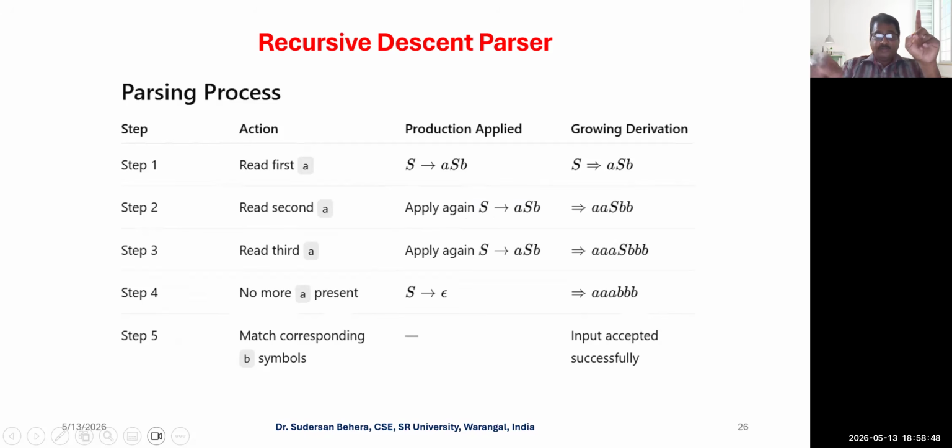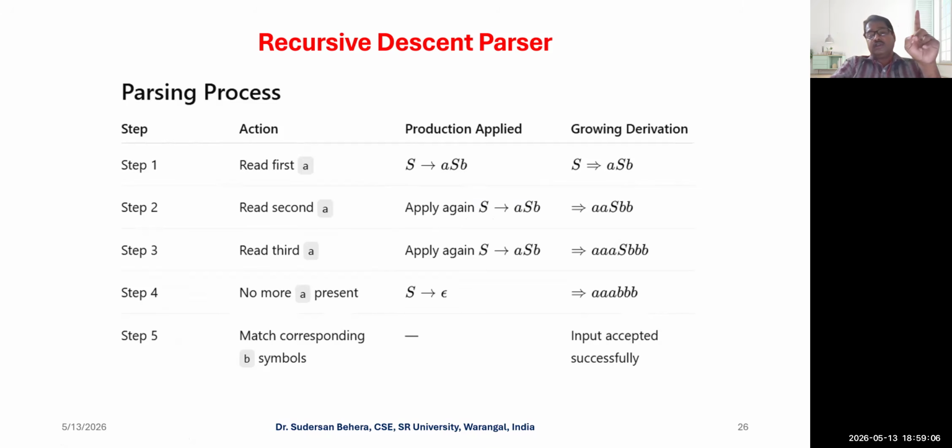It calls the same function because every non-terminal is represented by a function. So S calls itself, and that is called recursion. S derives A S B.